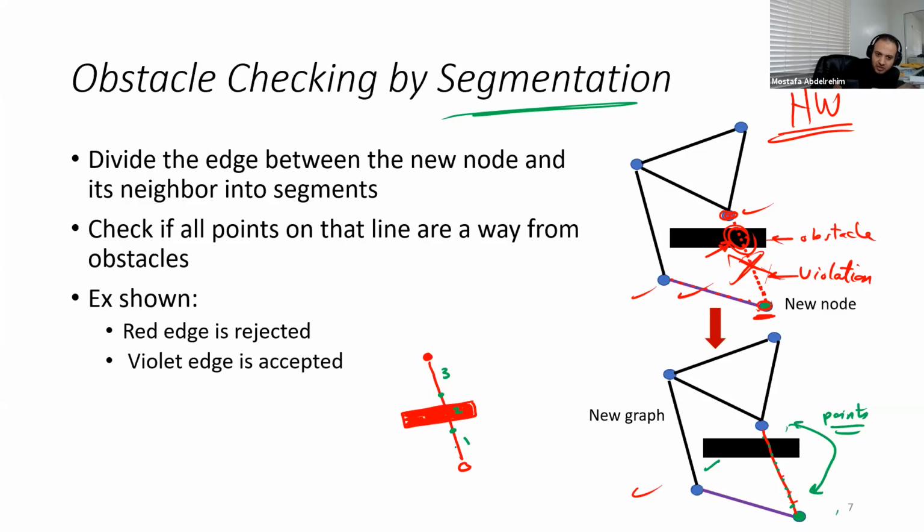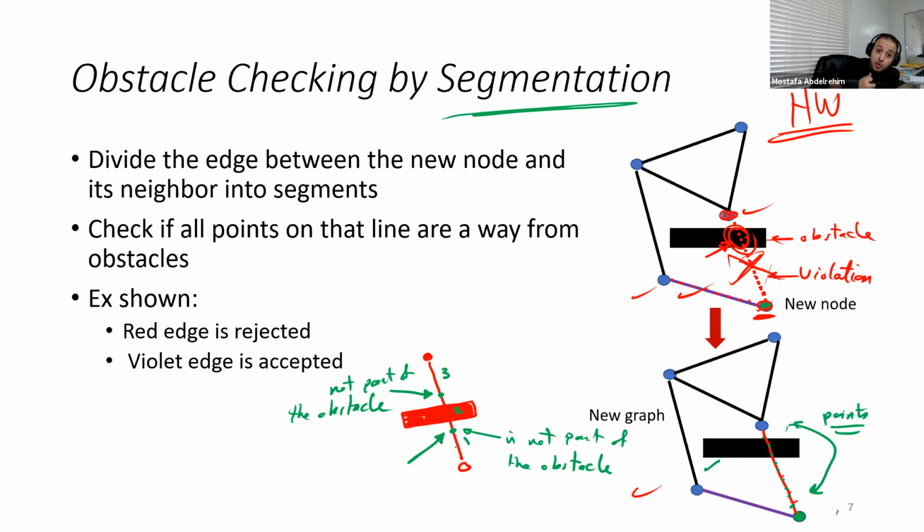But how many points do we have now? How many points will we check? We will check this point and we will check this point, right? This point is not part of the obstacle, and this point is also not part of the obstacle.